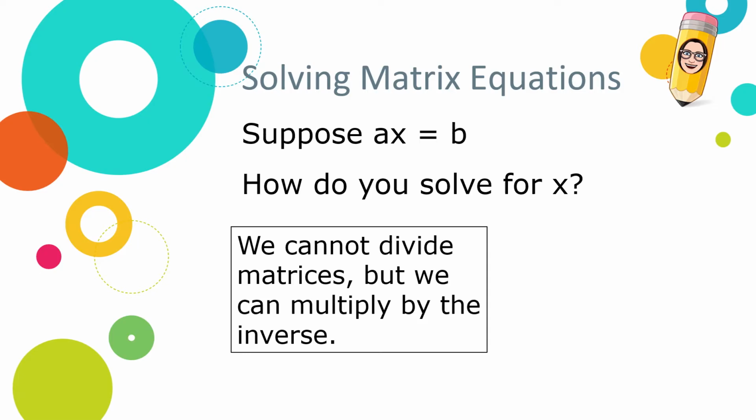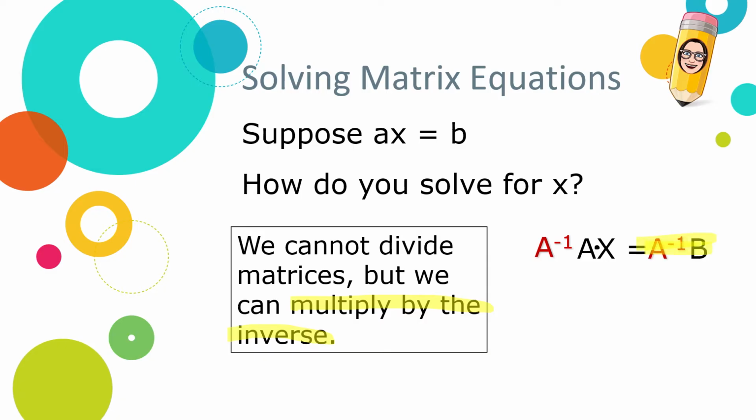So to solve for x, instead of dividing, we're going to multiply by the inverse. Let's take a closer look at how that would look. Given matrix A times x equals matrix B, we're going to multiply both sides by the inverse of A. Make note of the order.